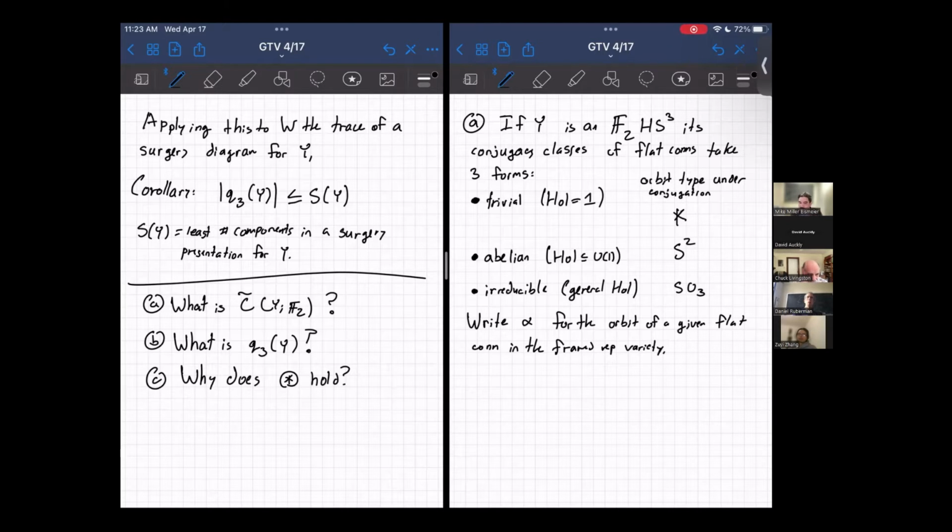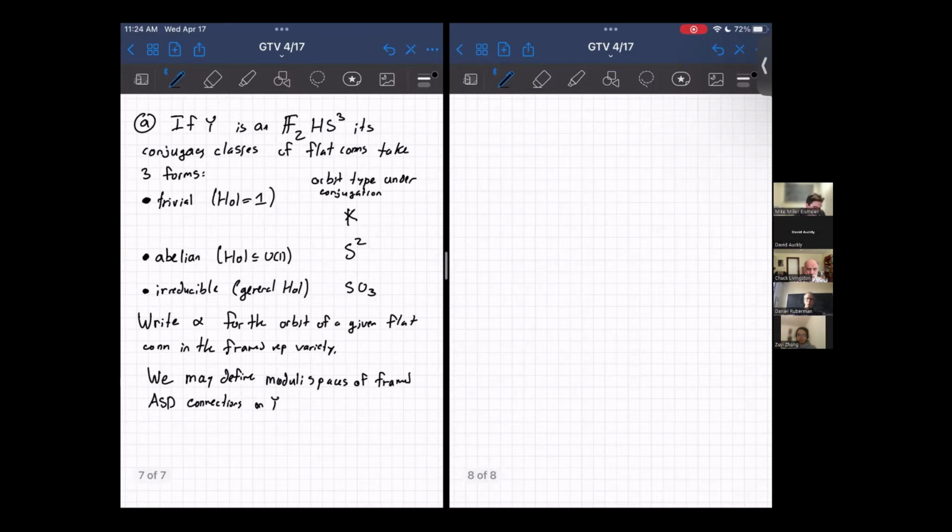I'm going to abuse notation a little bit and say alpha, both to refer to a conjugacy class of flat connection and to refer to its orbit type under conjugation. Using these as our limits, we can define moduli spaces of framed ASD connections on Y.